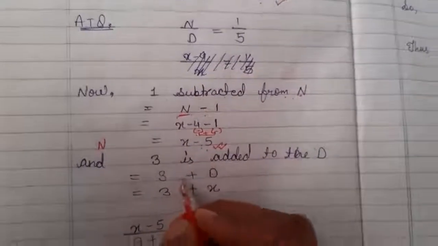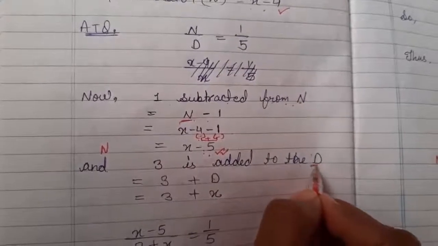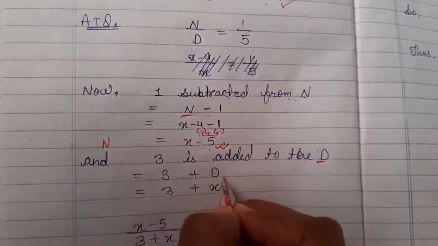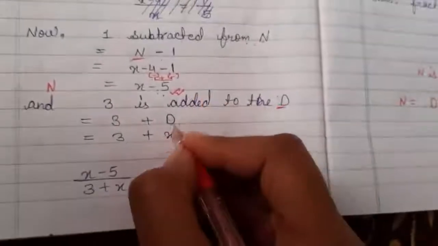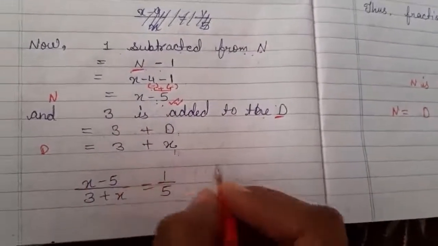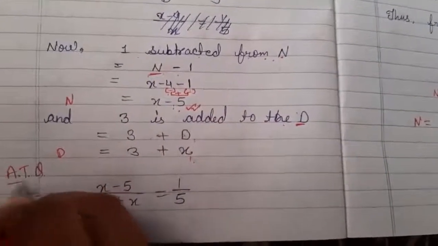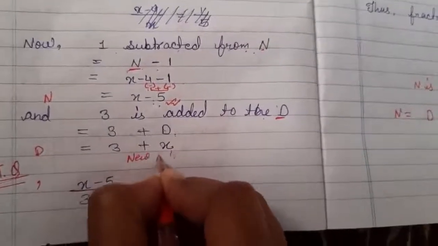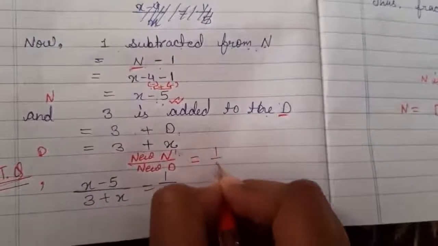Got it now? Now next, 3 is added to d. The second condition is given for the denominator. Now 3 is added means 3 plus denominator, and the denominator is x. Now replace the value of your denominator, and you will get the new denominator. After that, according to the question, you have to write that the new numerator and new denominator become 1 upon 5.